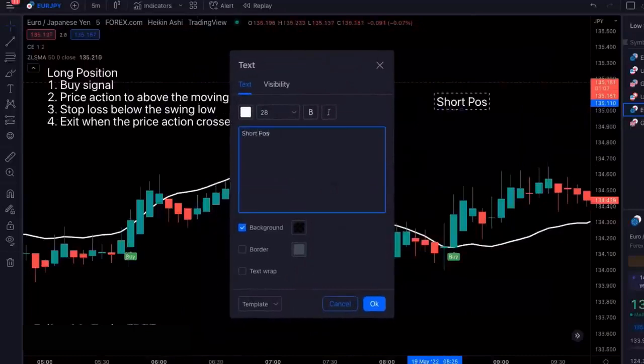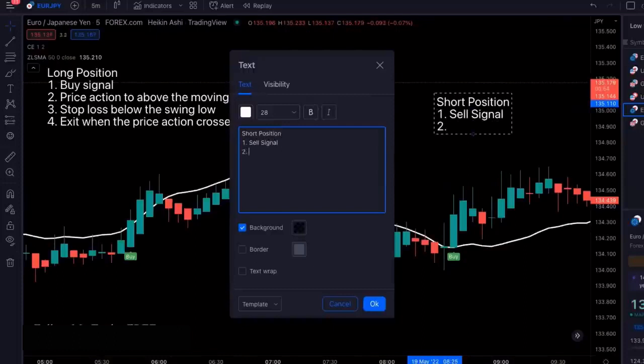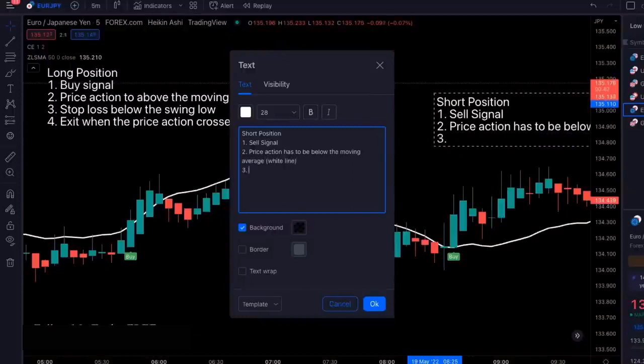So now on the short position, first you wait for the sell signal. Two, price action has to be below the moving average, which is in this case the white line. And then stop loss is above the latest swing high.